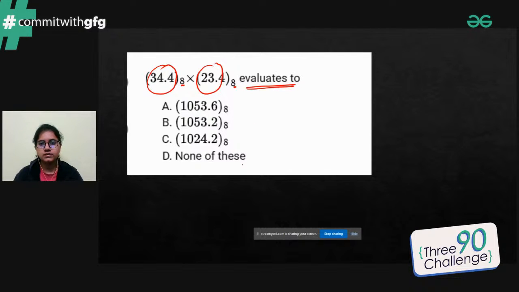So let's solve step 1. Let's convert 34.4 octal to decimal.